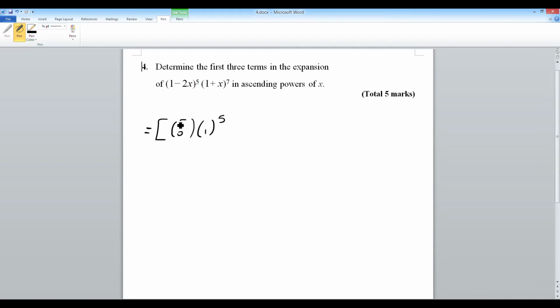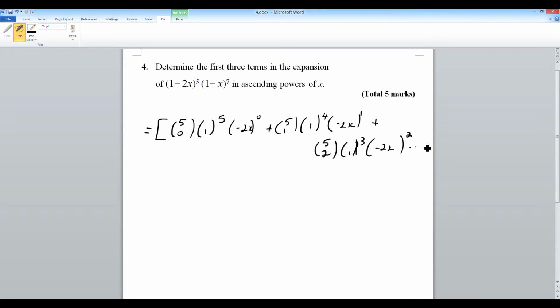So it is nCr, in this case n is 5, and we always start with r = 0. So 5C0, and 1 is in the place value of a to the power of n minus r, which is 5, and then I'm going to have (-2x) to the power of 0, plus 5C1, and then now n minus r, so 1 to the power of 4, and this b value to the power of r in this case is 1, therefore it's going to be (-2x) to the power of 1, plus, and then for my third term I'm going to have 5C2 and 1 to the power of 3 and (-2x) to the power of 2, etc., etc. So I've got the first 3 terms for my first bracket.